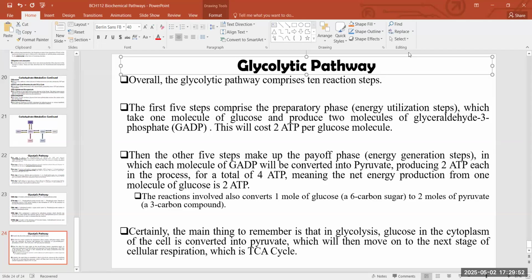Then we say the main thing to remember in glycolysis is that glucose is in the cytoplasm. Remember, glycolysis takes place in the cytoplasm of the cell. And if you recall, right from the beginning of our class, we said we are learning those biochemical reactions that happen inside the cell. For what reason?